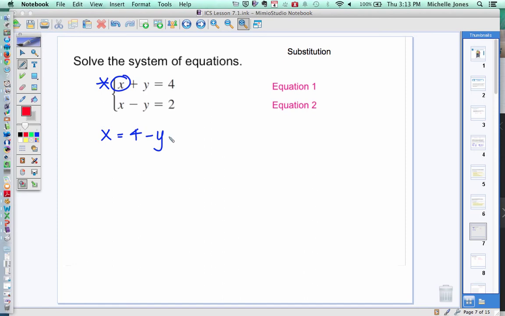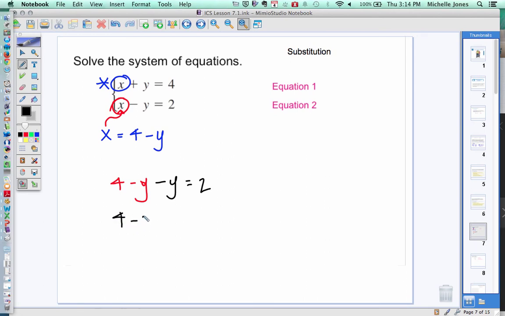Once you have a single variable set equal to something else, you can substitute it into the equation you didn't use. So my second equation is x minus y equals 2. So I'm going to substitute my x in. So instead of writing down an x, I have 4 minus y, because I made that my x, and then the rest of the equation is minus y equals 2.